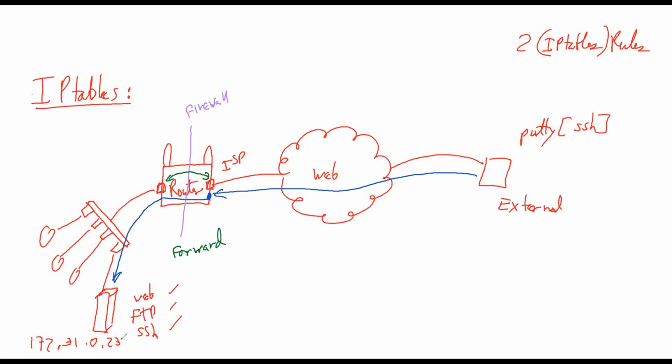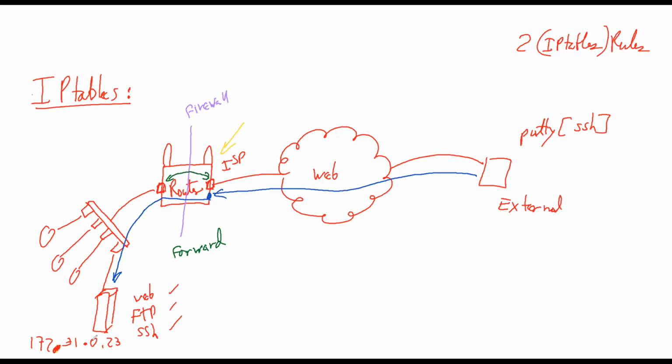You're literally saying, because you know where the packet is, you're writing this rule here. The packet has already arrived there. Now you just want to know, where do I send this packet that just arrived here? Well, if it's going to port 22 and it's going to this IP here, then I'm going to let it through.